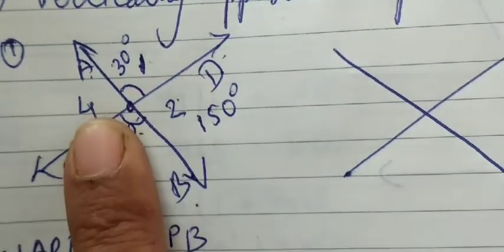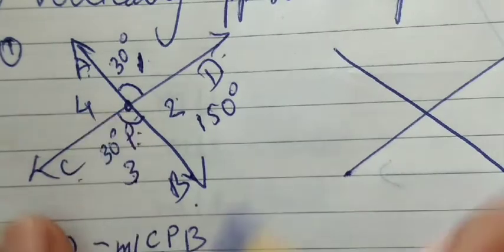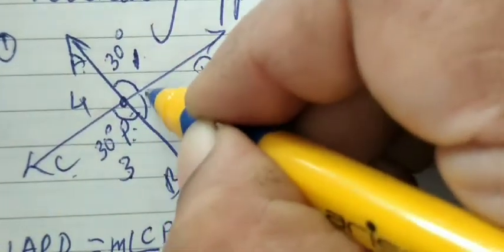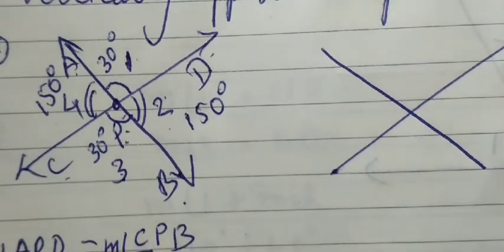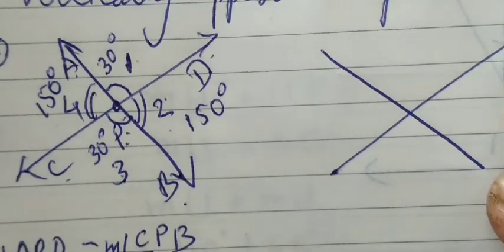Then what's going to be angle 4? It's going to be 150 degrees. Why? Because 2 and 4 are vertically opposite angles formed by the intersection of line CD and line AB. Is that clear?